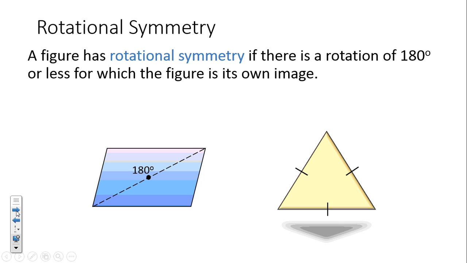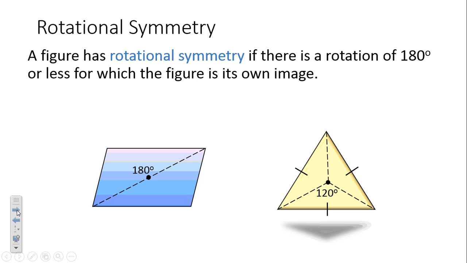Okay? This triangle will also have rotational symmetry. But unfortunately, it's 120 degrees, and PowerPoint likes to do things in 90, 180, 270, 360. So you have to trust me on this one. It won't rotate exactly.